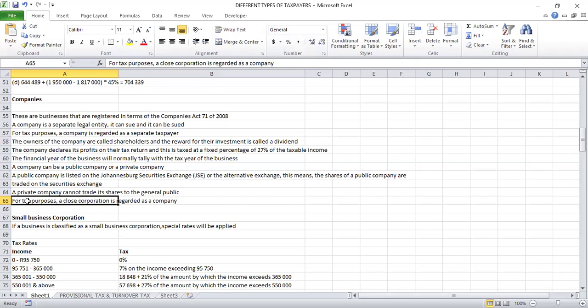That means the same provisions that apply to a company also apply to a closed corporation. So a company is a separate taxpayer from the individual owners, who are also separate taxpayers and have to submit their own returns. Any questions on this company?